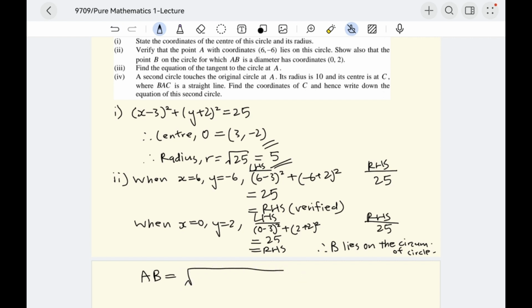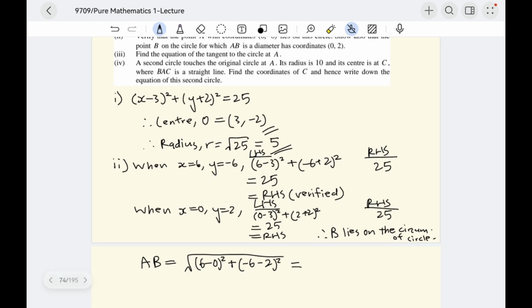As you know that the radius is 5 from the first part, you may carry out the distance by using the distance formula. There you go. After you calculate the distance of AB, you should get 10.